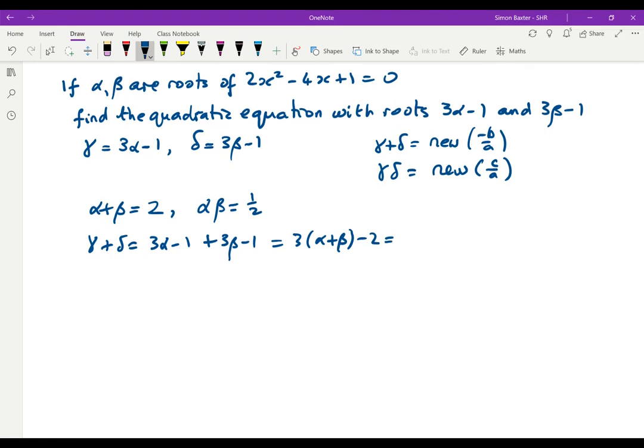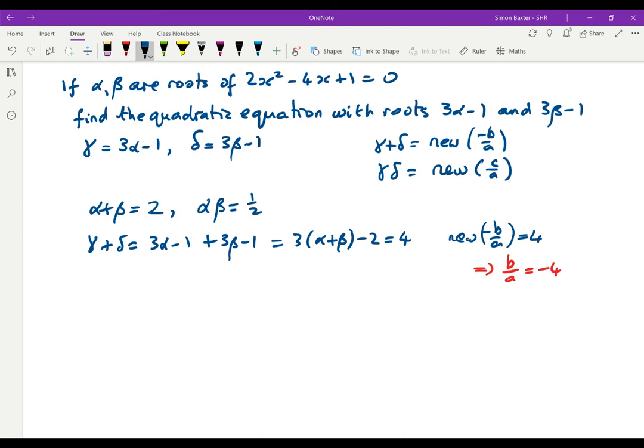That is equal to 3 times 2 is 6, minus 2, which is 4. And so gamma plus delta is 4. That tells me that my new minus b over a is 4, or I prefer to write that b over a is minus 4.